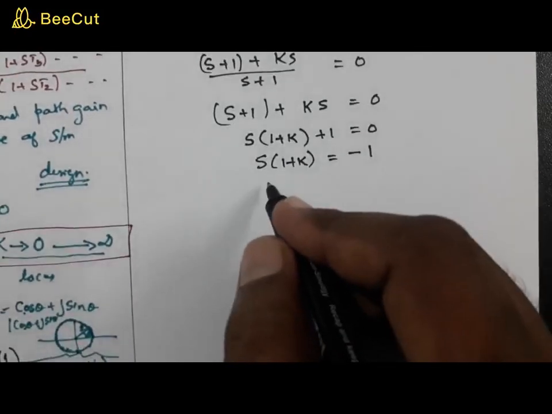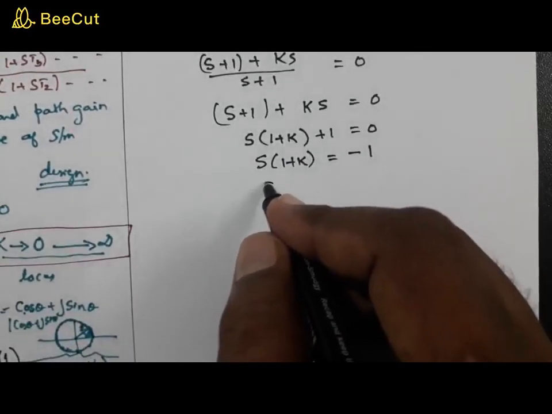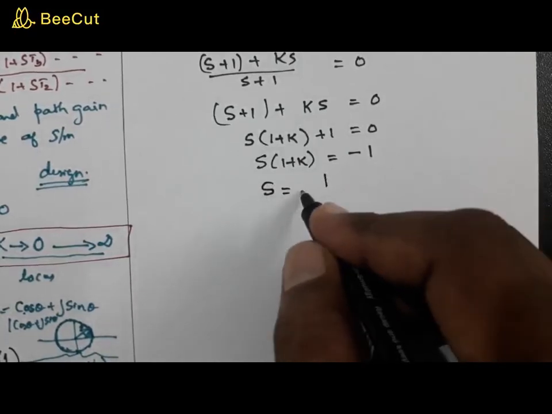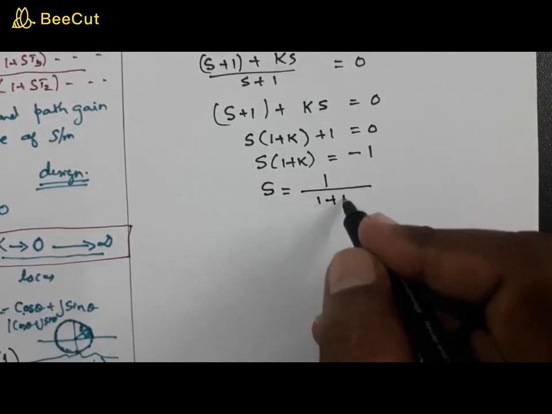So now s, that is the root, you're going to find in terms of k: s equals minus 1 by (1 plus k).